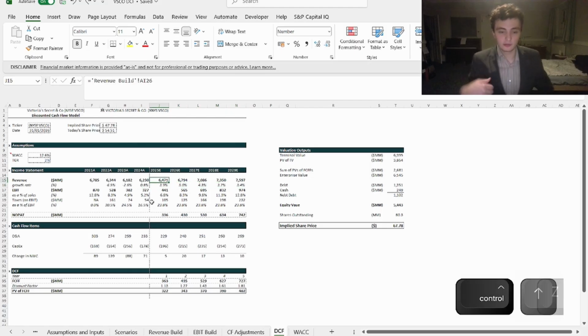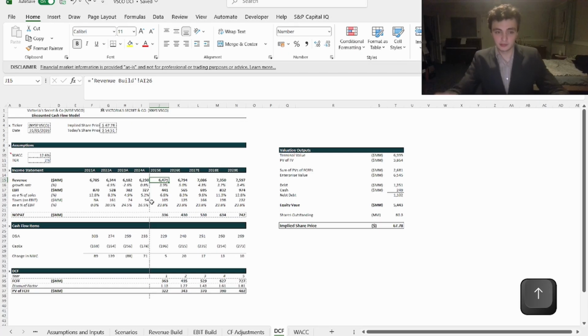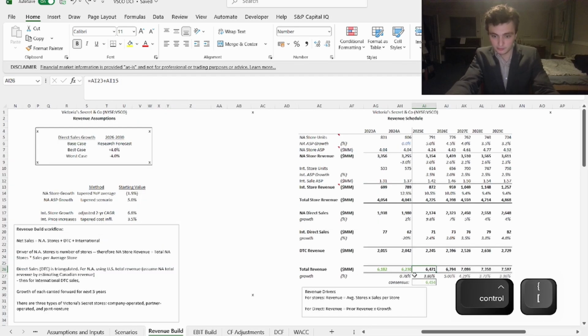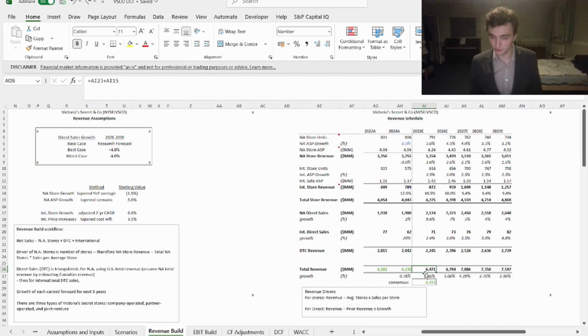Instead, on a separate sheet, to make it nice and neat, we could create what's called a revenue build. So if you look up here, I've called it revenue build, which is this sheet down here. To get to it, I could go Control, left square bracket. And so this is the revenue build, the revenue schedule.